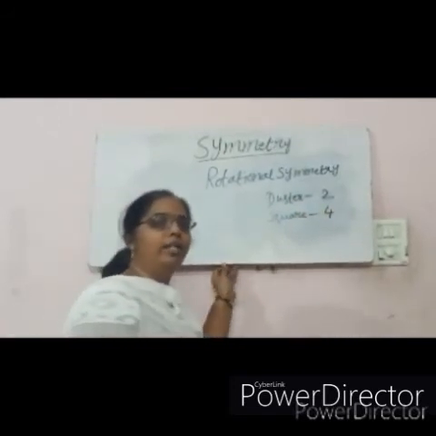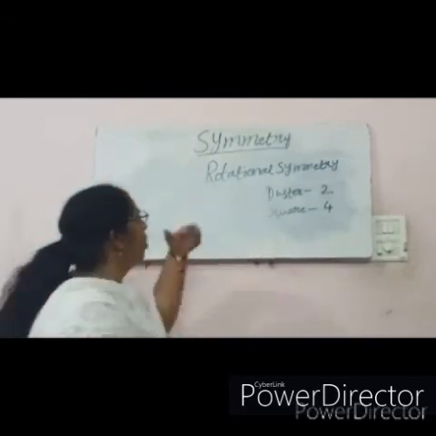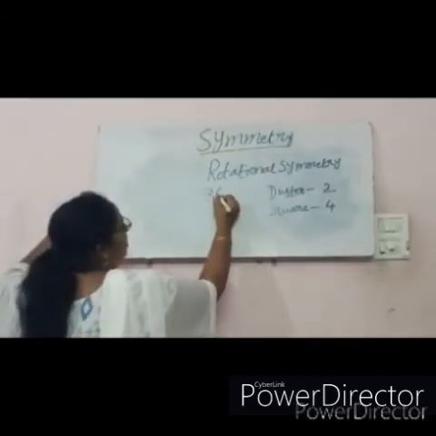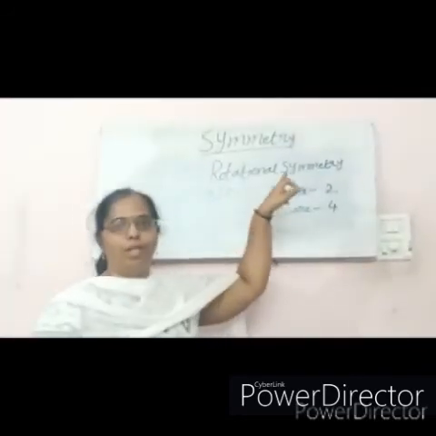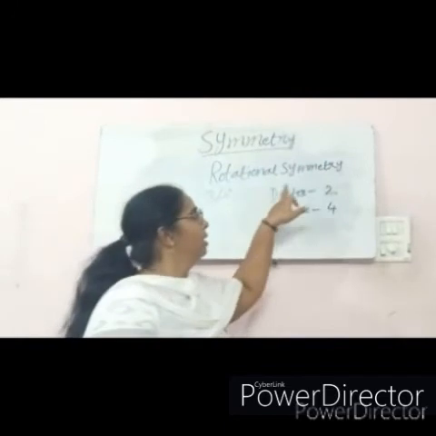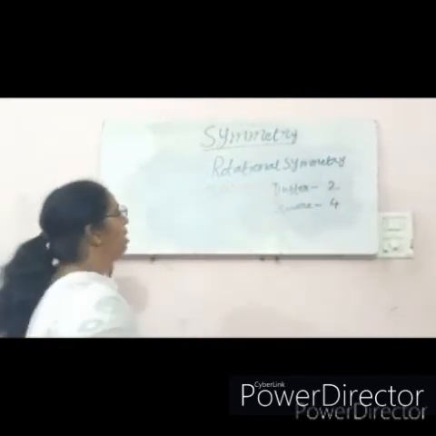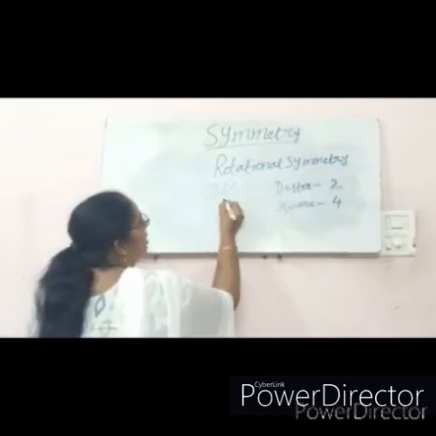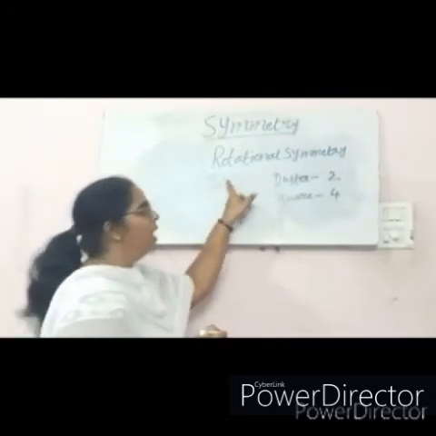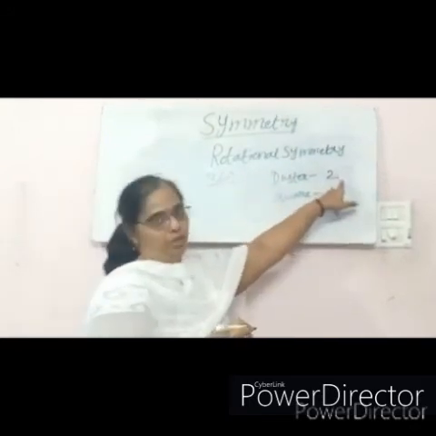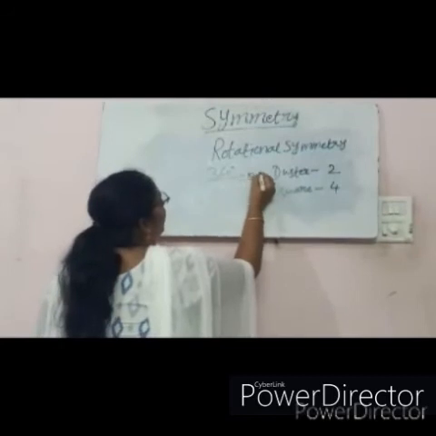So now let us find the angle of rotation. You all know that the complete angle is 360 degrees. For the duster, the first object we have taken, the order is 2. So what is the angle of rotation of that? You need to divide 360 degrees by 2. You need to divide the complete angle by your order of rotational symmetry. So the angle is 180 degrees.